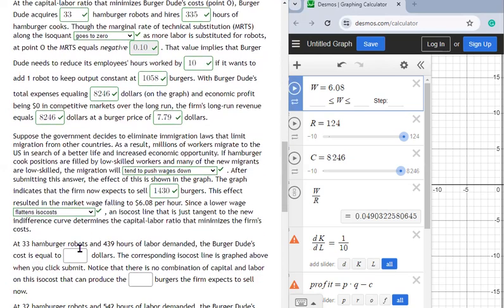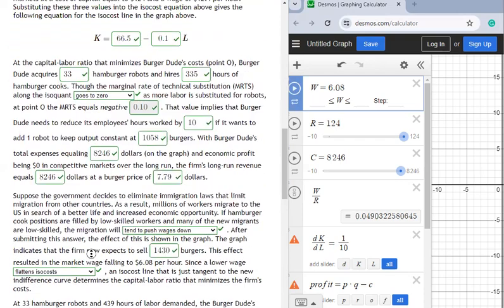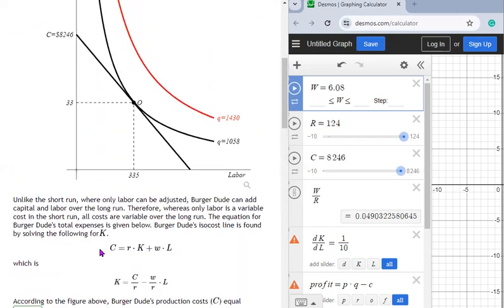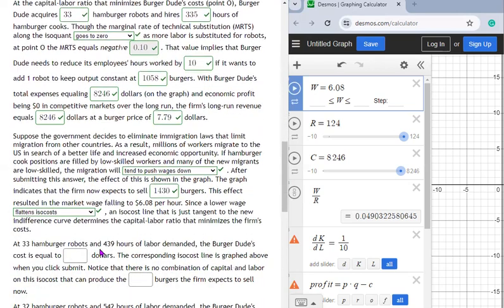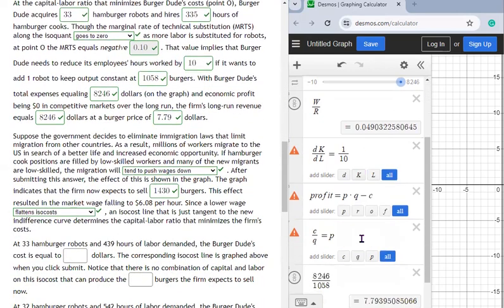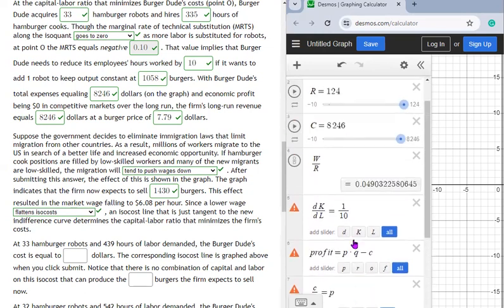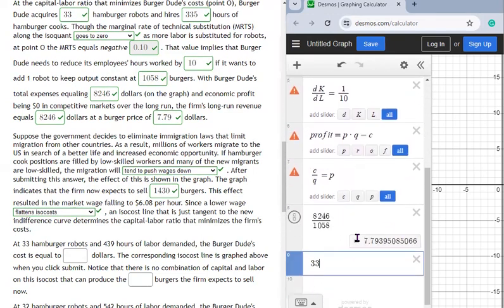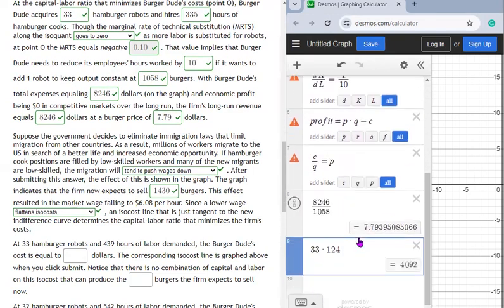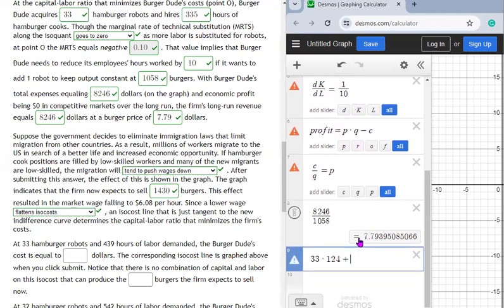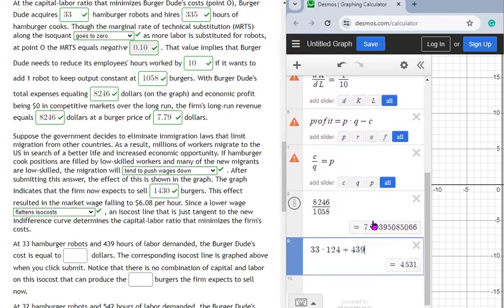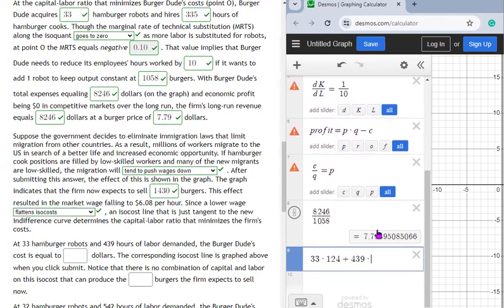Okay, at 33 hamburger robots and 439 hours of labor demanded, the Burger Dude's cost is equal to what? Let's calculate it. So we have 33 hamburger robots at a price of $124, plus we have 439 hours of labor at a new price of $6.08.